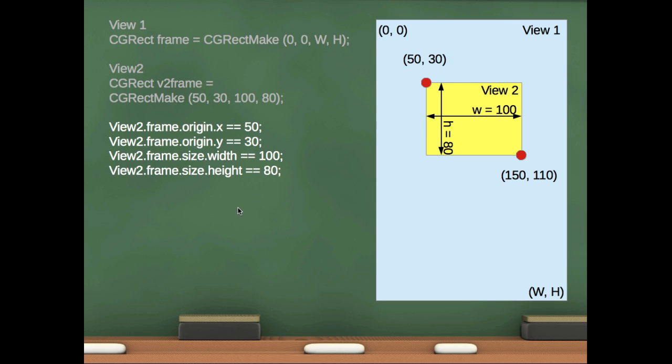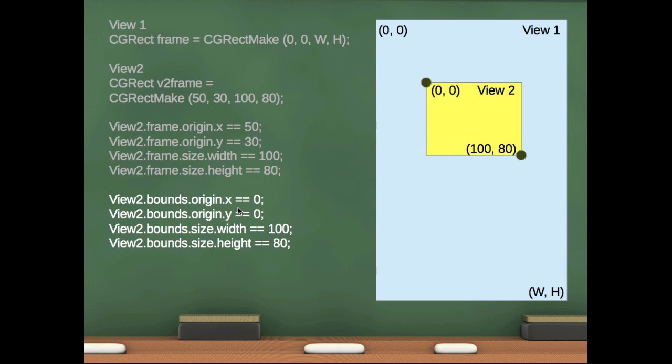Now, digging a little bit deeper, let's talk about View2's bounds. View2.bounds.origin.x is 0. View2.bounds.origin.y is 0, but the width and the height of the bounds are the same as the width and the height of the frame.